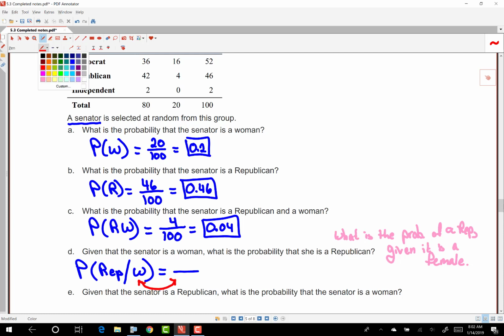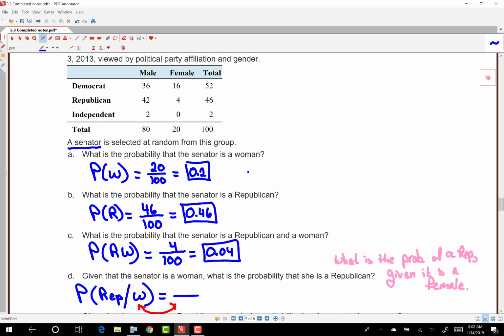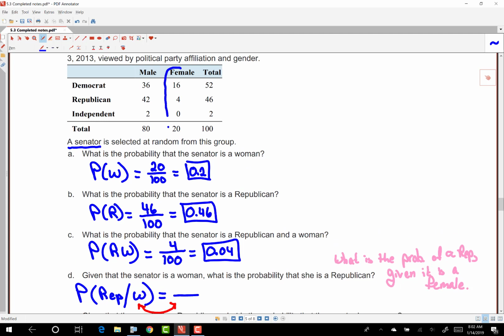And so we're given that it's a woman, so we're only going to be looking at the female column. So the bottom number is going to be 20. And then how many of those are Republicans? That's 4. So it'll be 4 divided by 20, which is 0.2. So if you know that it's a woman, there's a 20% probability she's a Republican.